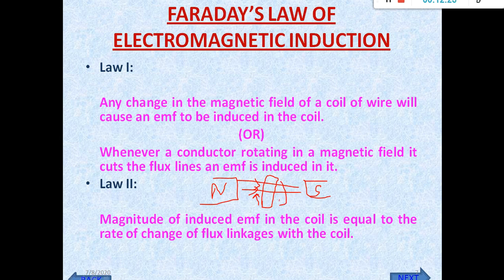Rotating the coil means it cuts the flux lines, and there is a flux variation. That means an EMF is induced in this conductor. That is the first law. Any change in the magnetic field of a coil of wire will cause an EMF to be induced in it.